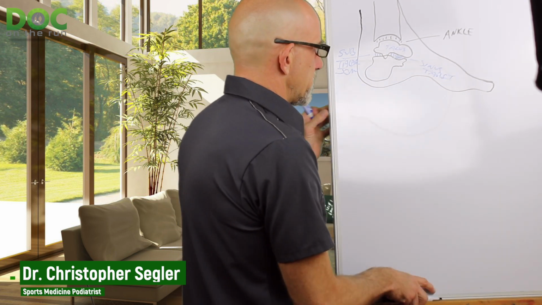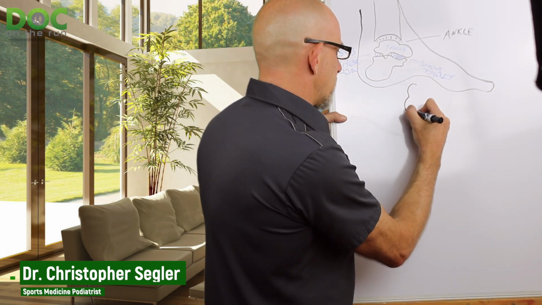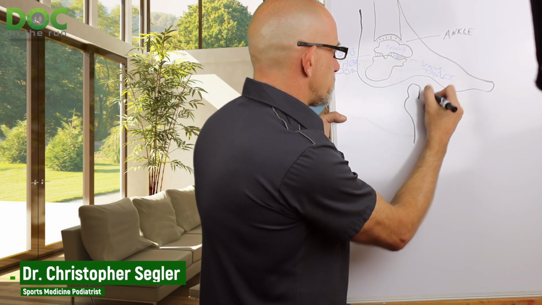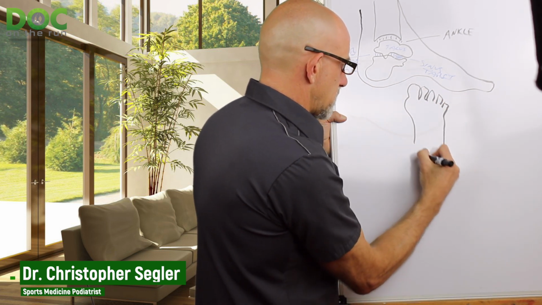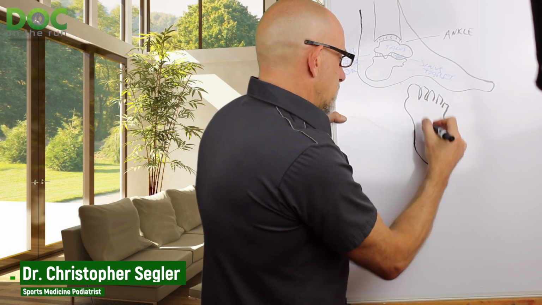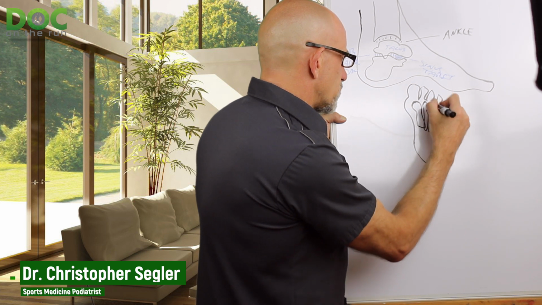And if we do another picture to kind of show you where that is, if we look at your foot from above, I've got obviously your toes and your heel and all that stuff. You've got the metatarsal bones all sitting in here like that.